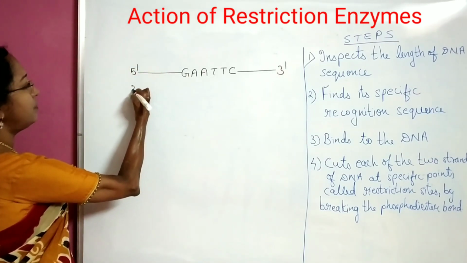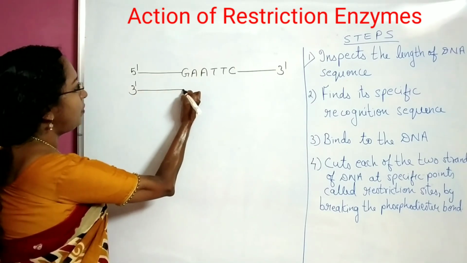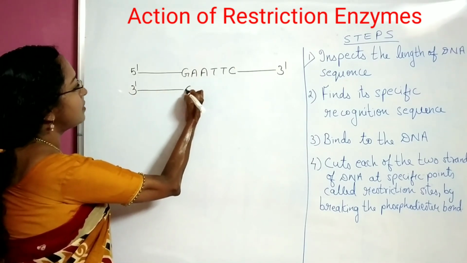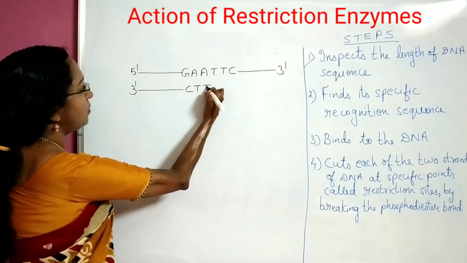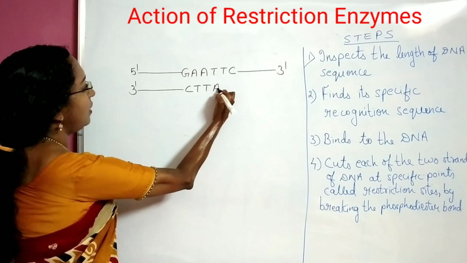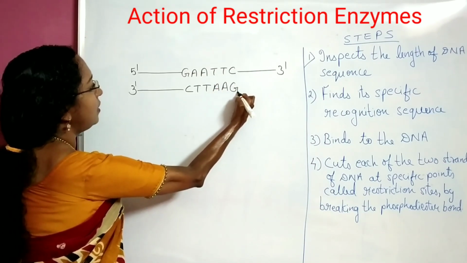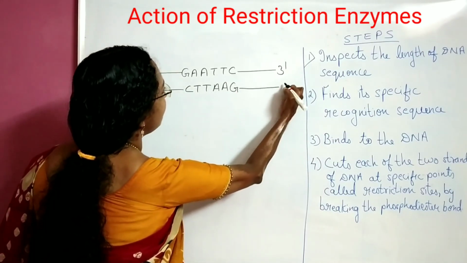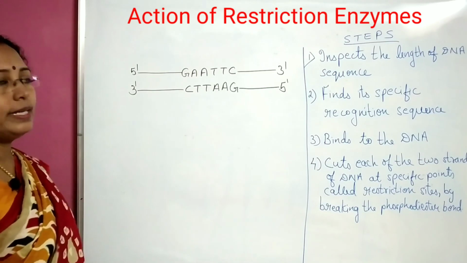The second strand of DNA, we know, is anti-parallel and complementary. So here it will be C, A pairs with T, A pairs with T, T with A, again T with A, and C with G, and then there are other sequences, and it is going to end with 5 prime because they are anti-parallel.